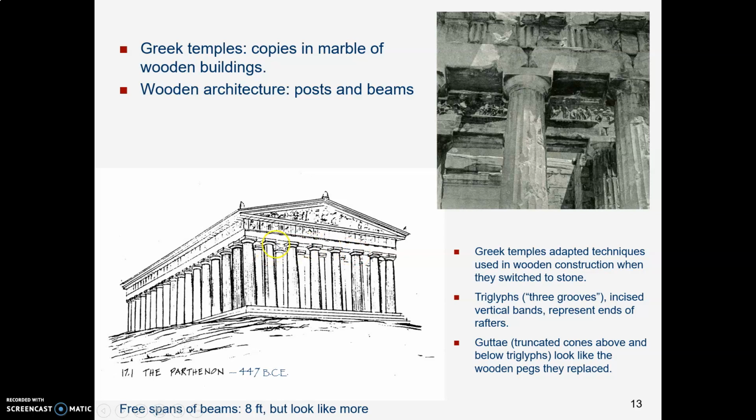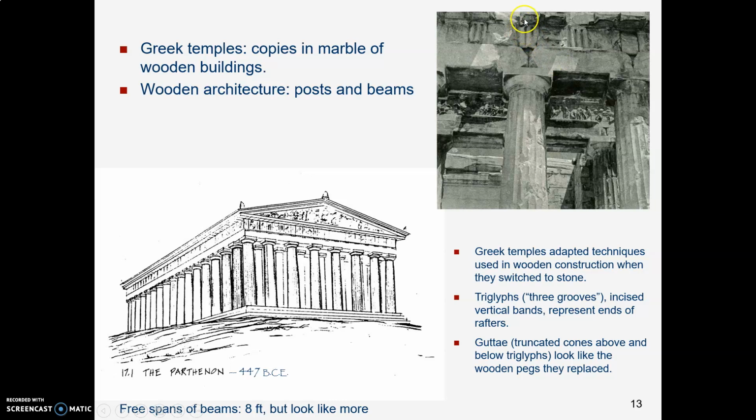When you look at a Greek temple, it looks like they're farther apart, but they have put these capitals and these pads up on top of the columns so that they've spread out. It's like our snowshoe example at the start of the term. They've spread out the area wider so that the space between them is only about 8 feet. Well, what's interesting is that if you look at ancient Greek architecture, you will see not only do they use post and beam architecture, but they even duplicated the old wood building techniques in stone.